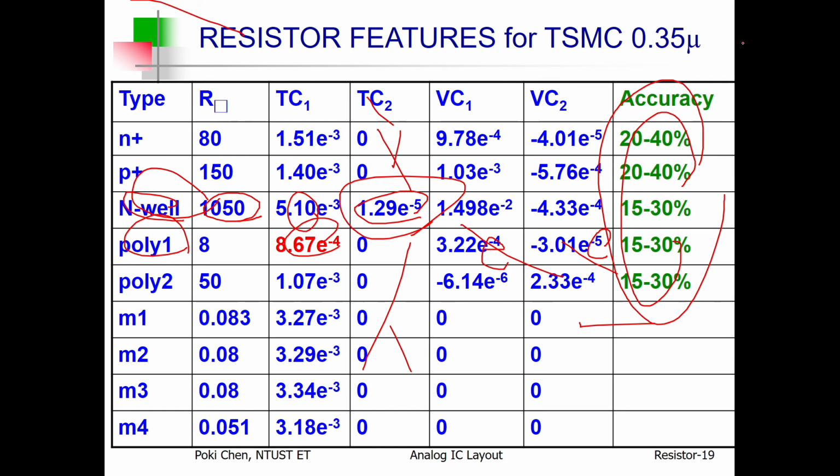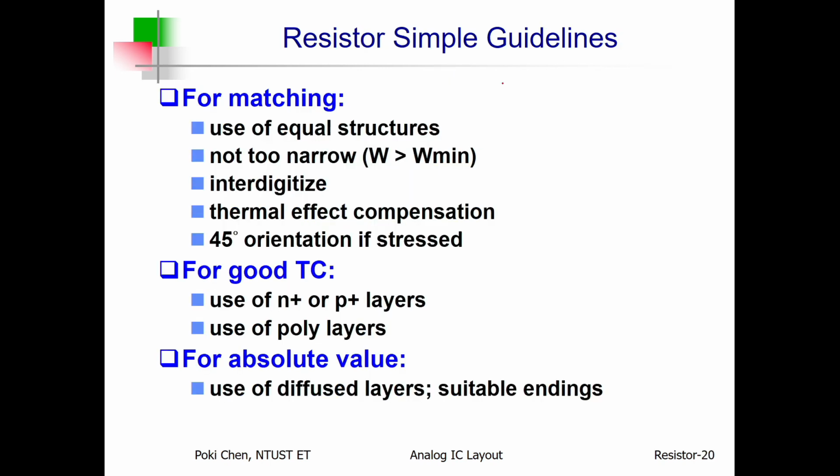And allow me to warn you again, this is only for 0.35 micron. This is not for any other process like 0.18 micron or 90 nanometers. They have their own resistance, their own temperature coefficients and voltage coefficients.